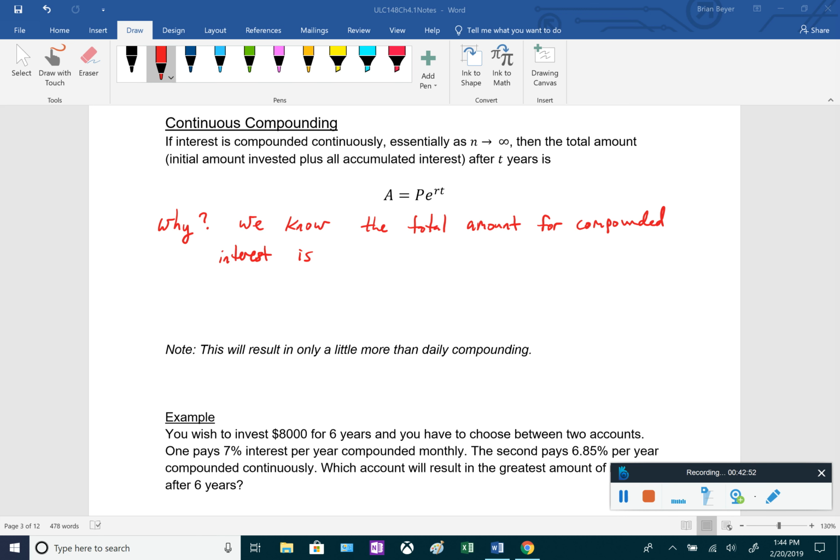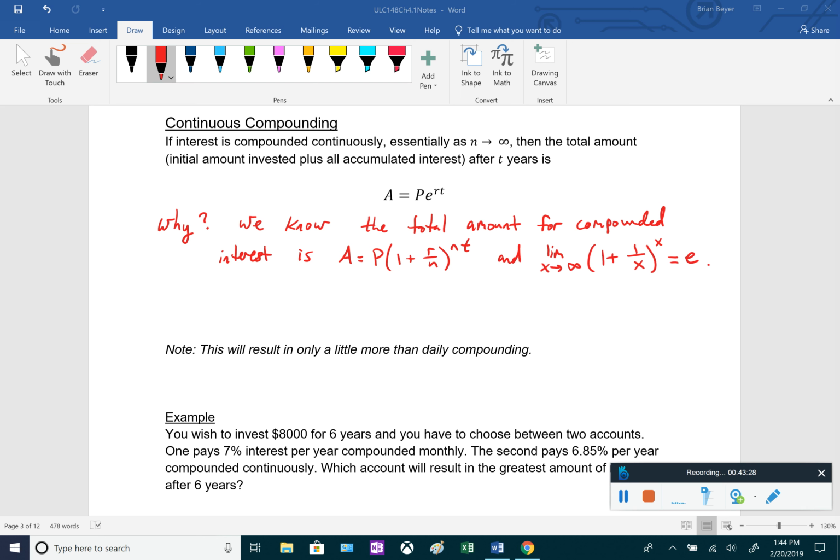If you want to know why, we know that the total amount for the compounded interest formula is what we just did: A equals P times (1 plus r over n) to the nt. And like I just mentioned, we can't just plug in infinity for continuously compounding. So what we actually do is go back to that limit that I mentioned several pages ago. The limit as x goes to infinity of (1 plus 1 over x) raised to the x equals e.